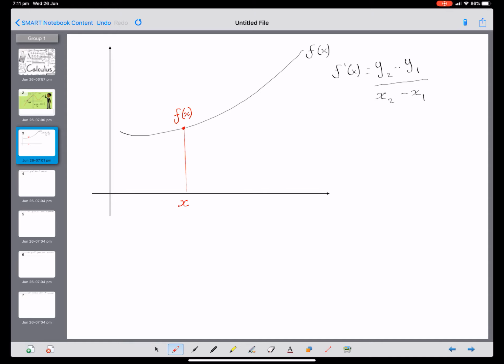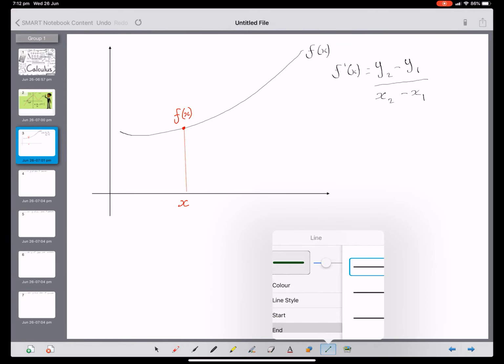For example, if we have x is equal to 2, and the graph is f of x equals x squared, well, our f of x value is 4, because 2 times 2 is 4. Okay, so let's travel h distance along the graph.